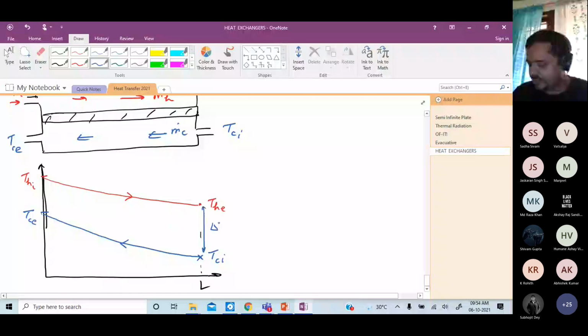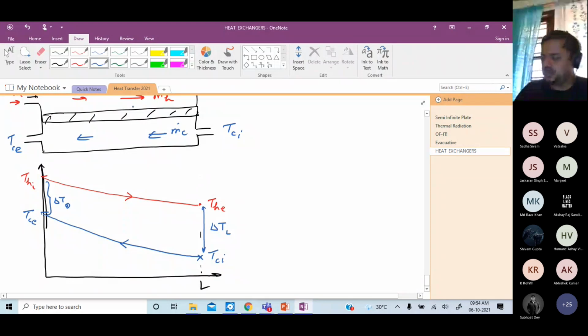I'll define this as delta T L and this as delta T of 0. It's difficult to say inlet or exit because the inlet and exit are at the opposite ends for the two fluids.